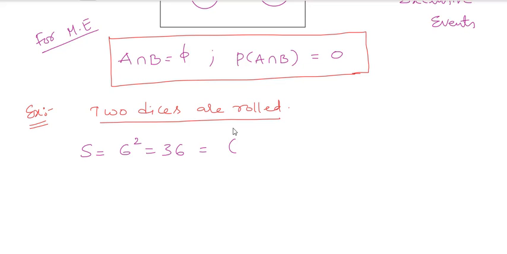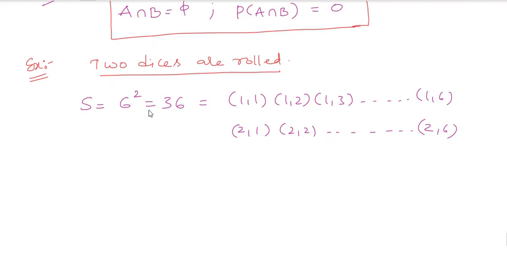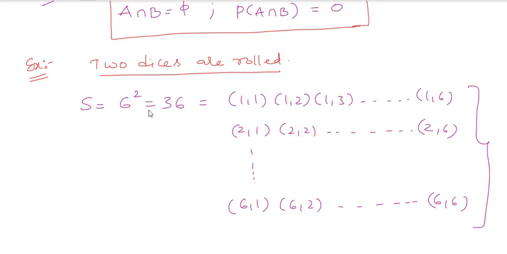They are 1 comma 1, 1 comma 2, 1 comma 3, and so on up to 1 comma 6. Likewise 2 comma 1, 2 comma 2, and so on up to 2 comma 6, then 3 comma 1, and so on, up to 6 comma 1, 6 comma 2, and so on, 6 comma 6. So this is the sample space.